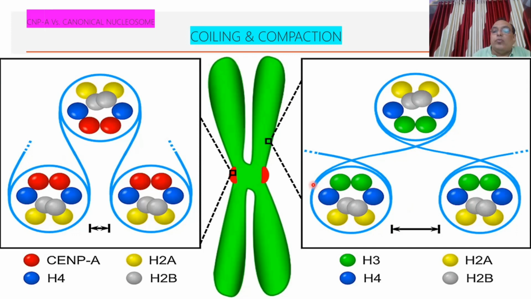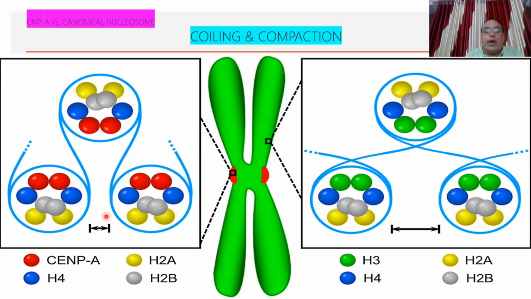Here internucleosomal DNA has crossed each other. But in this case of centromeric nucleosomes, the internucleosomal DNA, that is the DNA portion between the two nucleosomes, or the linker DNA, whatever you may call, has not crisscrossed. That is, it has not been tightly bound. That is, it has not been more constrained.